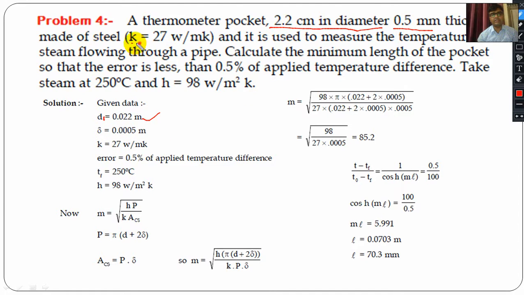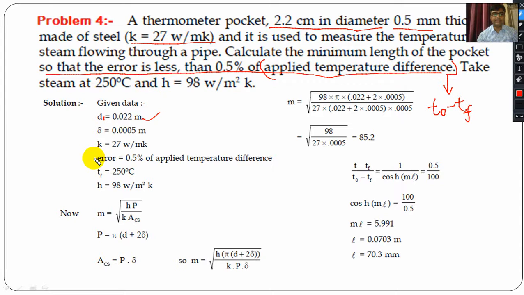Conductivity is given, this is 27 watt per meter Kelvin, and the error. See, read again: the error is less than 0.5% of applied temperature difference. Now, what is the applied temperature difference? The applied temperature difference is nothing but T naught minus T f. Clear? This is the applied temperature difference.